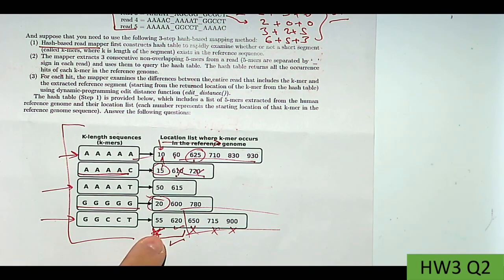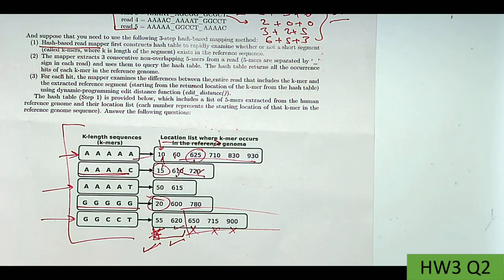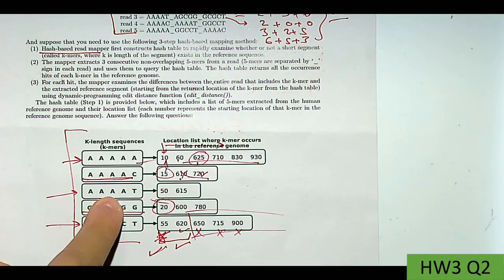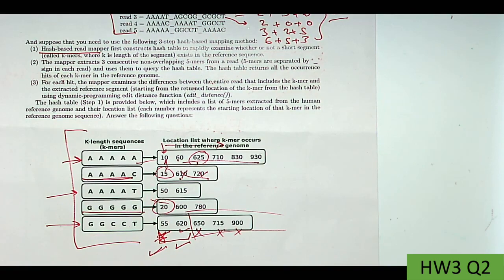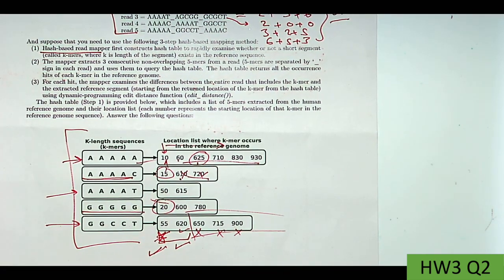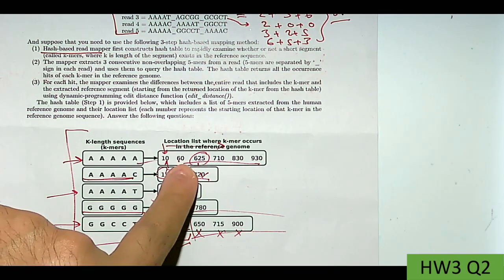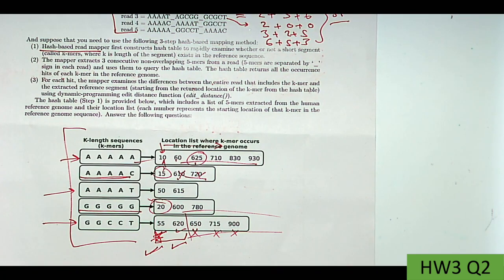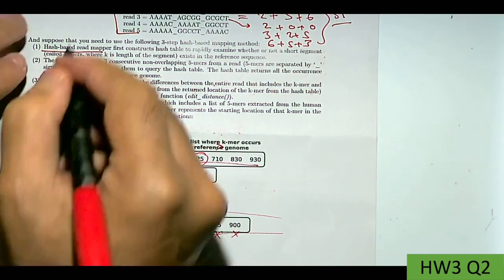So we have only those 2 positions. The first one was here, so we have 50 and 615, and from the second k-mer, 55, 620, and from here we have 60 and 625. So we have 2 mappings for the second read.